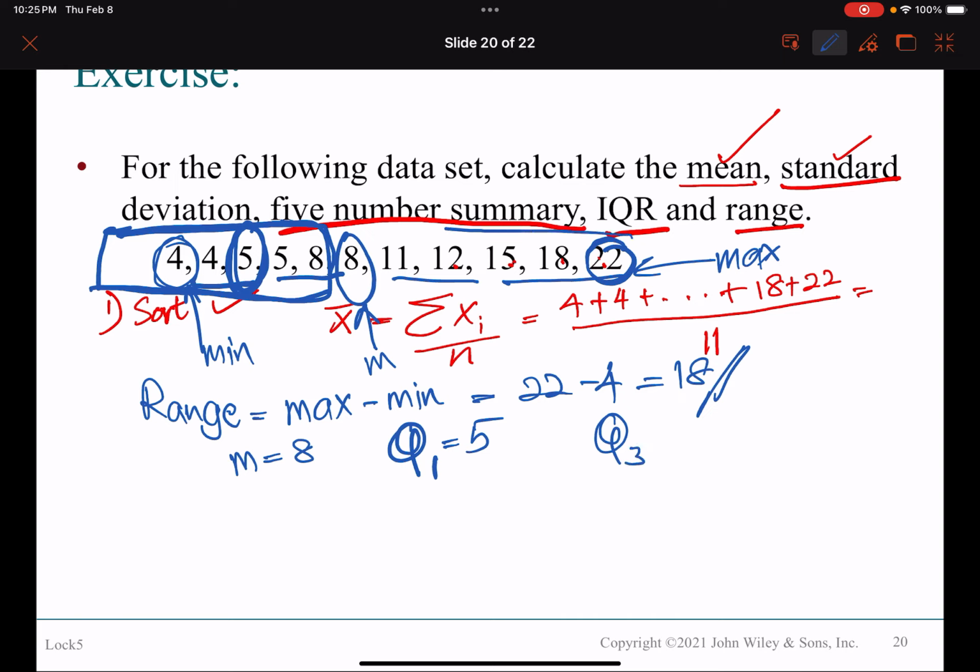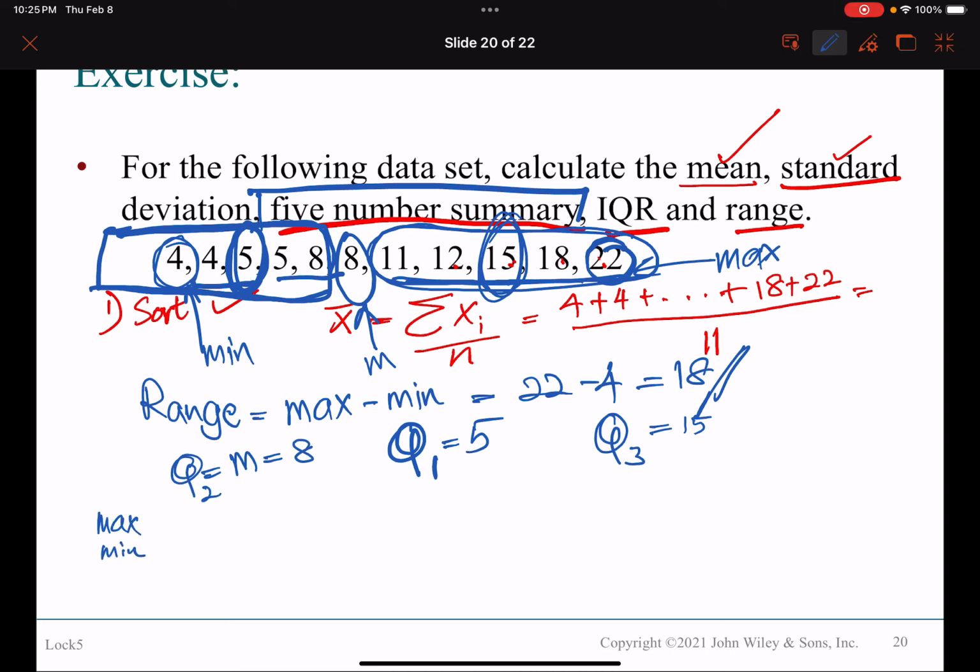Get the right hand subset from the median, which means this piece, and find the middle value of this piece, which is 15. Now you have found Q2 as well, so you have found all the values you need to move forward. The five number summary is minimum, Q1, Q2, Q3, and maximum. All values are calculated.